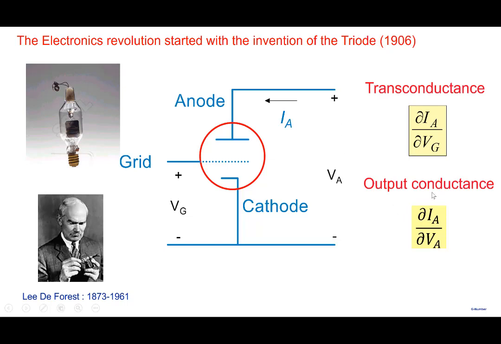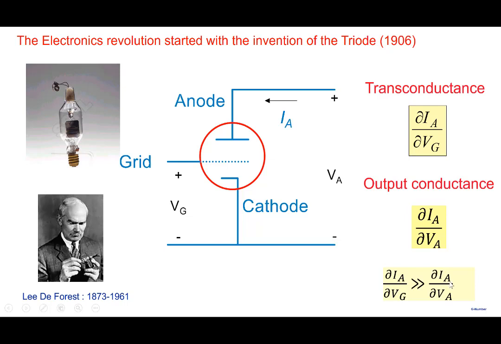So what was very interesting and sort of revolutionary about the triode was not simply that it exhibited transconductance, but the transconductance was much larger than the output conductance. Under certain conditions, the transconductance was much larger than the output conductance.